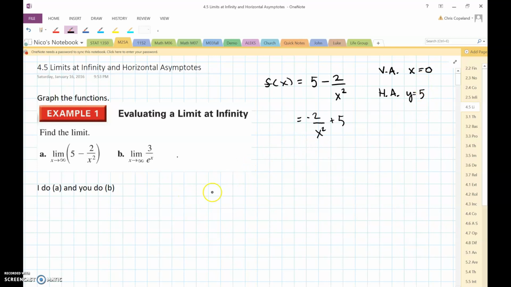Okay, so let's try to graph this. Let's try it again.